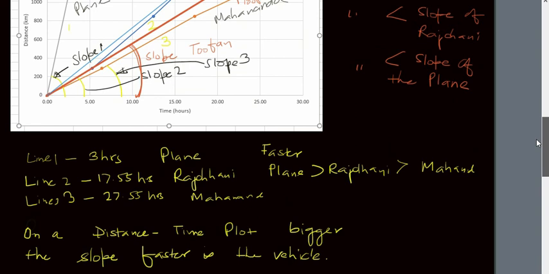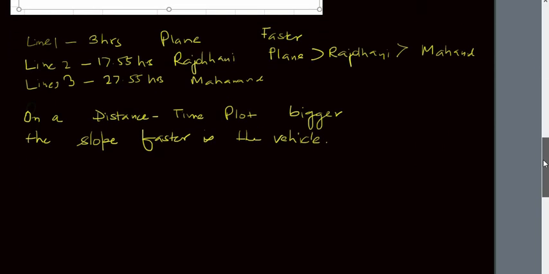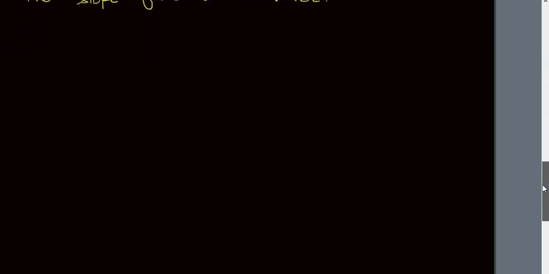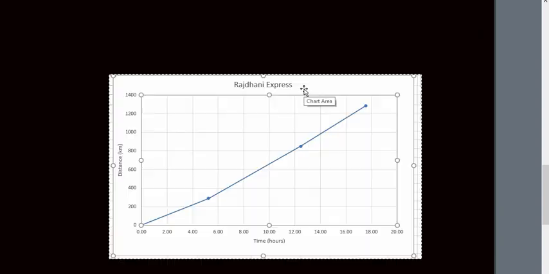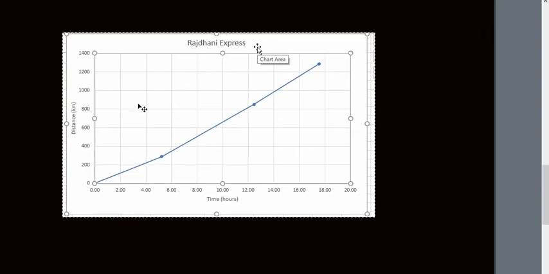Now I want to introduce one last concept here, which is the concept of average speed. So I will bring up the plot of Rajdhani Express and then we'll look at it. So here is the plot of Rajdhani Express.